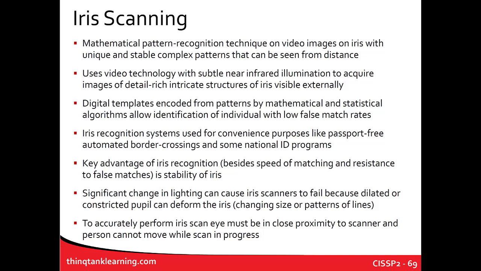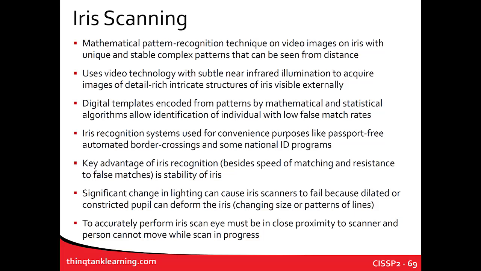There are some limitations though. Sudden changes in light or glare can disrupt the scans. You could have pupil dilation, the emotional state of an individual, whether they're taking medication or quote-unquote medication. The lighting can alter the pupil size. It can distort the shape of the iris. You also have this proximity requirement.